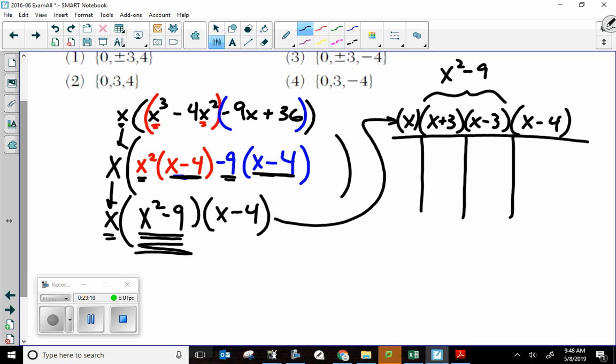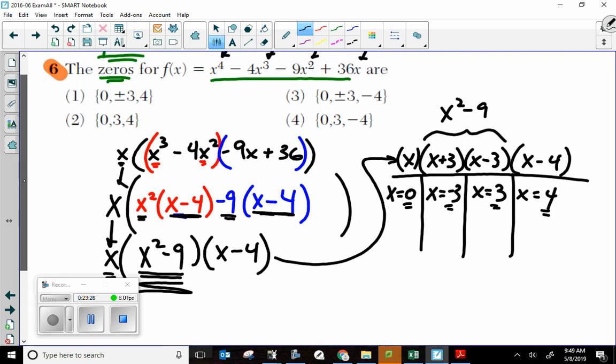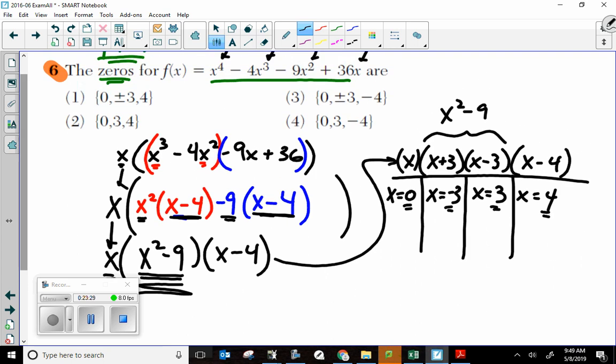Well, x equals 0, solved. x plus 3, I flip the sign, minus 3. x minus 3, I flip the sign, a positive 3, and a positive 4. So which answer has 0, negative 3, positive 3, and 4? It looks like to me that is choice 1: 0, plus and minus 3, and 4.